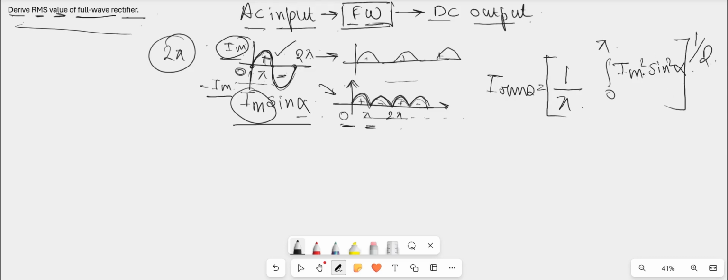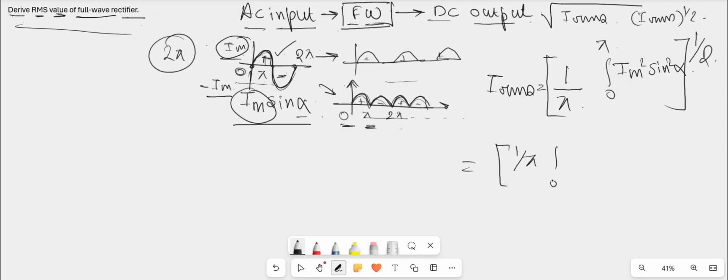I am denoting the root by the power half, so instead of writing root over, I am just writing the whole expression to the power half. We need to do the calculation for this.